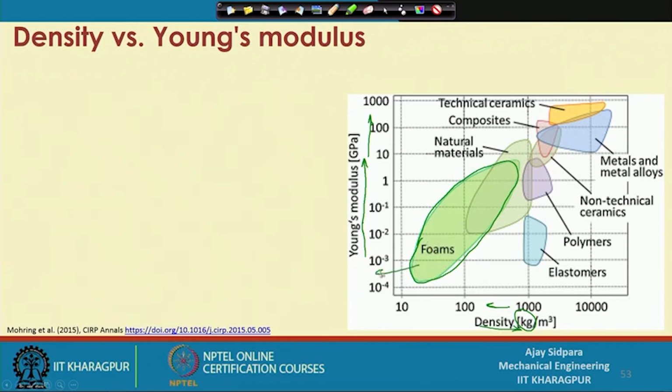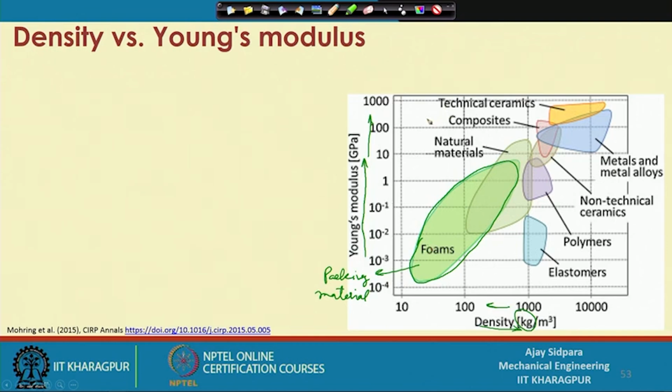Mostly it is used for packing material. When you ship any component which is very important or very delicate, you wrap the component with foam and it will sustain any type of impact loading or different types of loading.